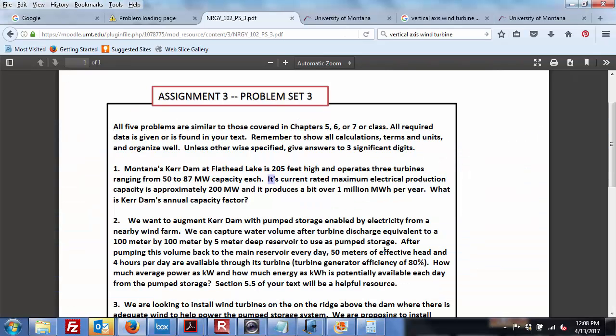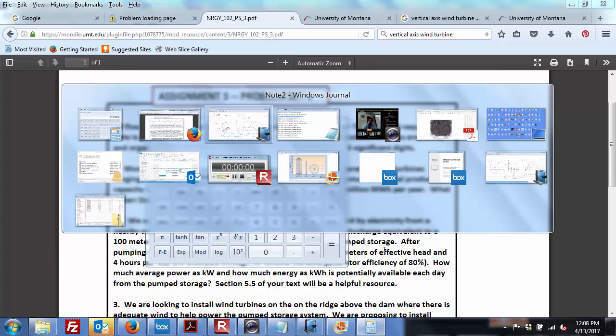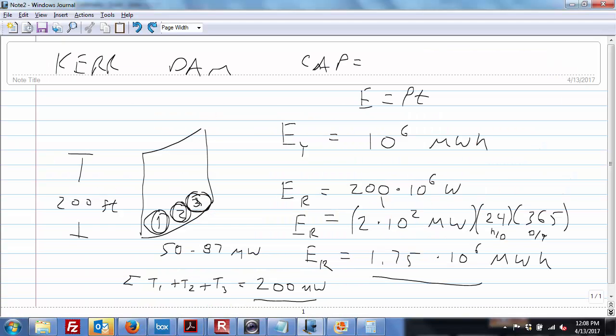A bit over 1 million megawatt hours per year. Oh, yeah, okay, this is 1 million, never mind. So let's rewrite it like this: equals EY over ER, there we go. Sorry, I had to move up to the top, I just wanted to get it all on one page. You should not write it on the top, you should write it down here.